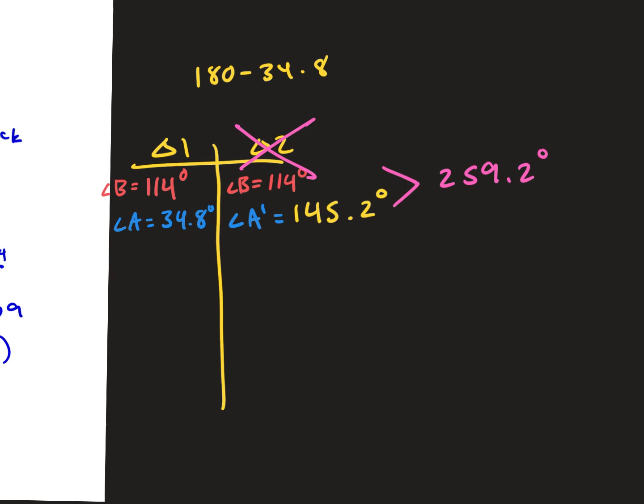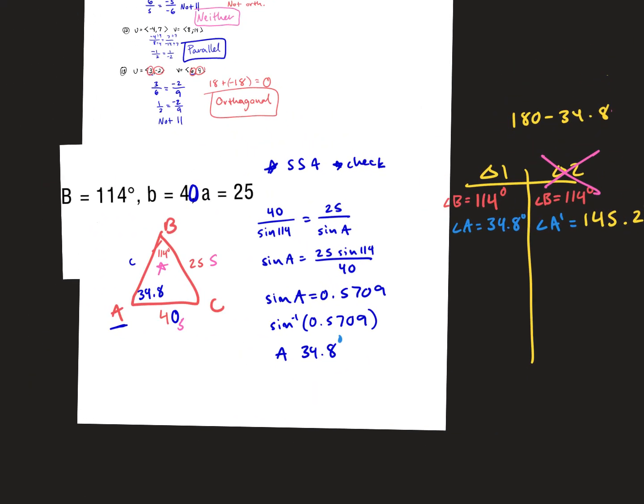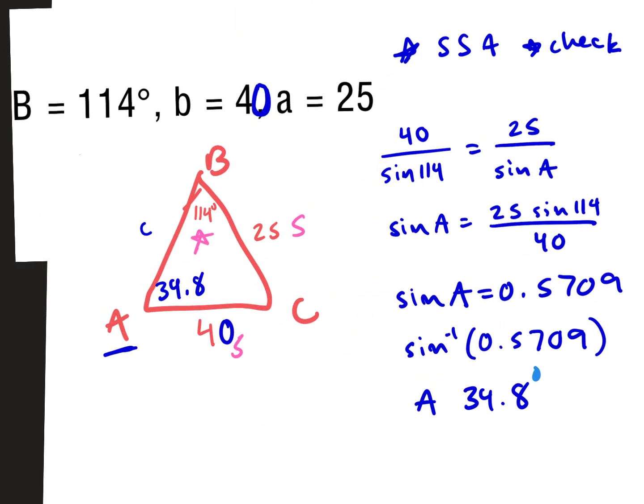So to finish solving my first triangle, how can I find angle C? I can't actually set a proportion because I don't have sides. I add the two angles and subtract from 180.